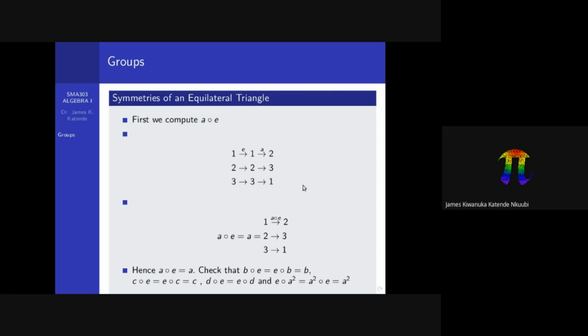You can check with all the other functions in your own time that any function composed with E leaves the function intact. That is true for B, C, D, as well as A squared. So basically, what this says is that this element, this function E, behaves like the identity in our set.